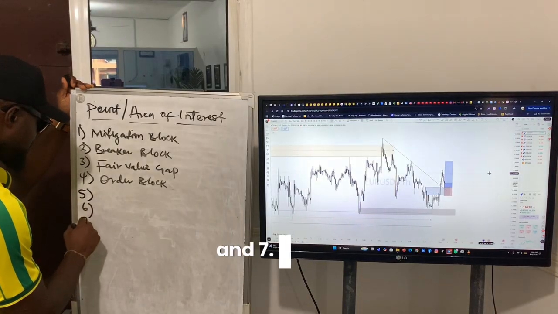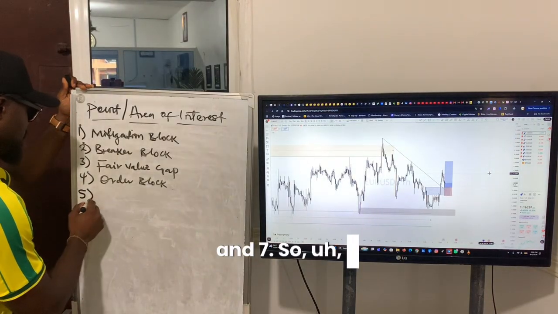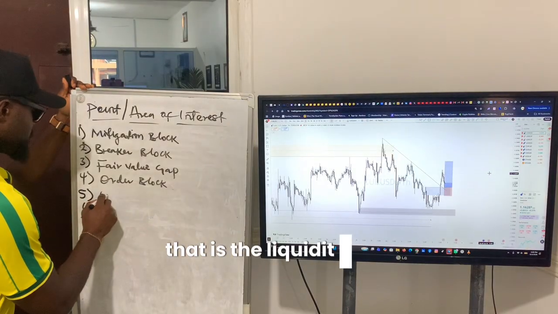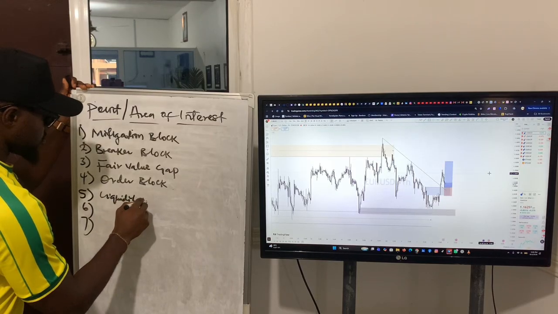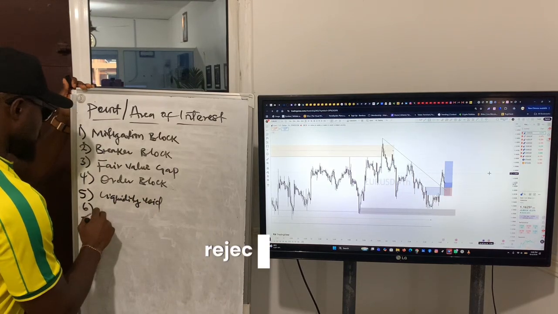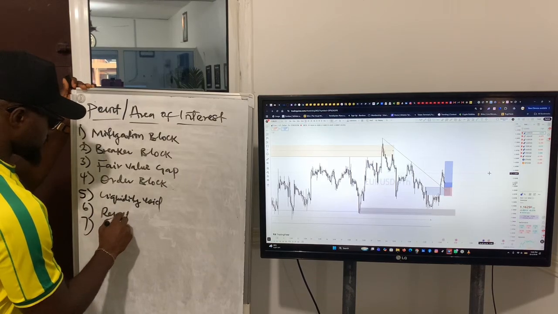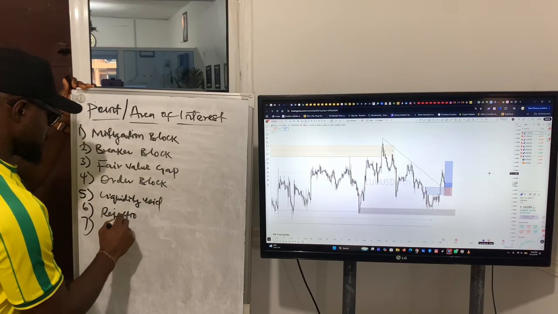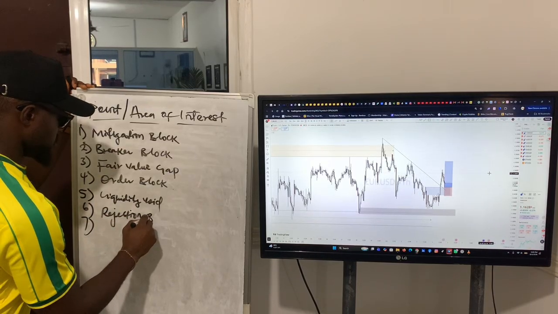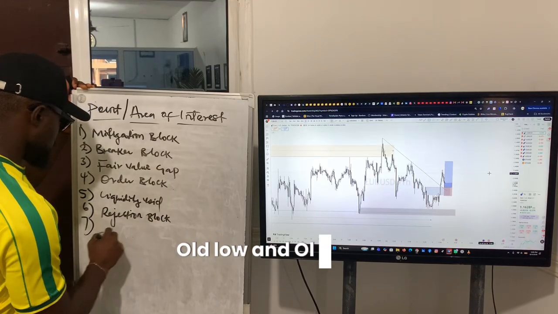5, 6, and 7. So that is the liquidity void, rejection block, old lows, and old high.